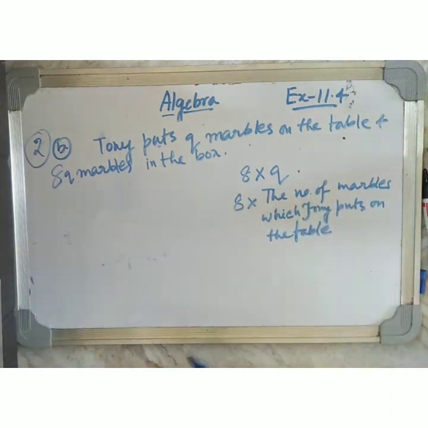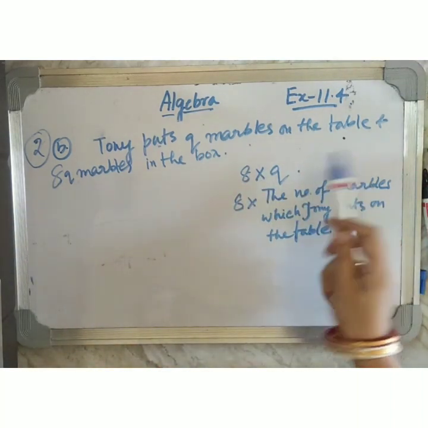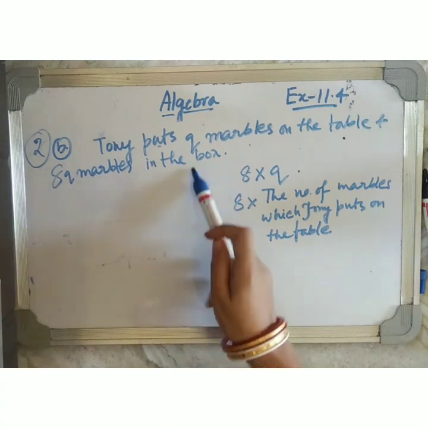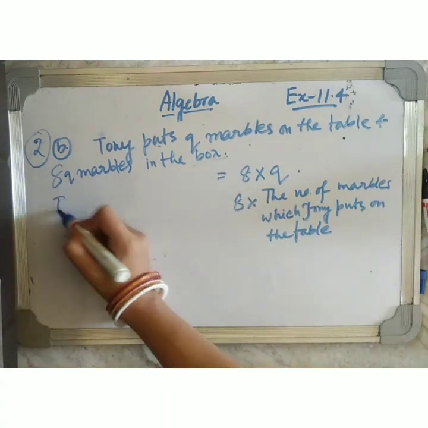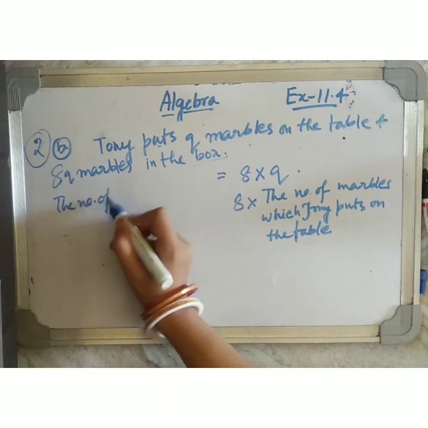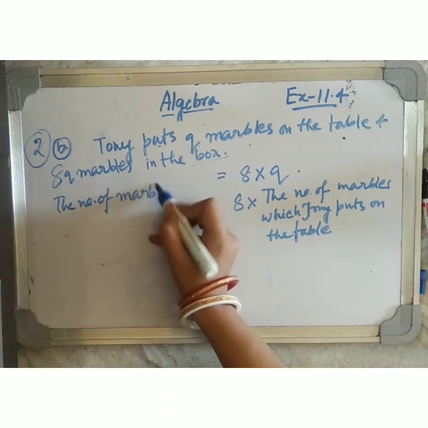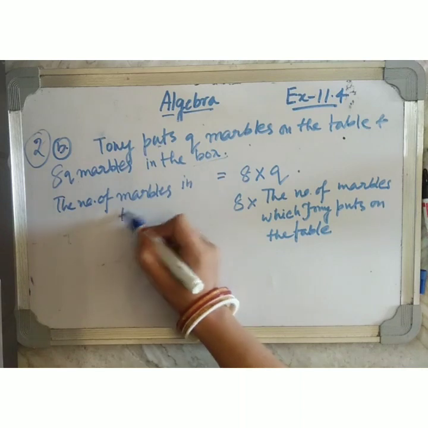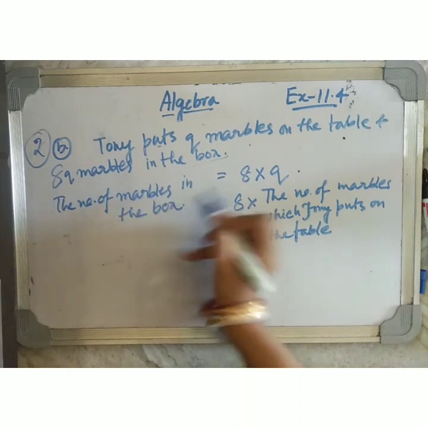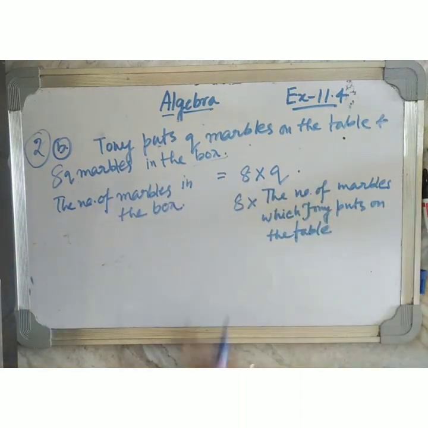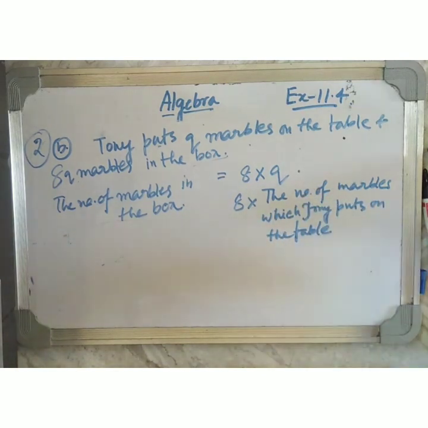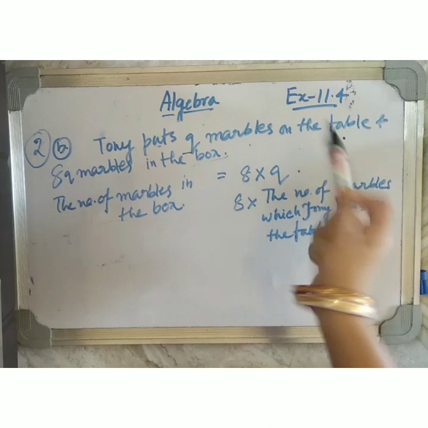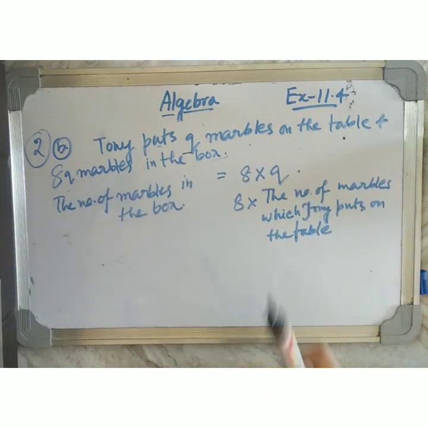Now 8 into Q was the number of marbles which was kept in the box. So here we will write the number of marbles in the box is equal to 8 into Q, means 8 into the number of marbles which Tony puts on the table, because Tony puts Q marbles on the table and 8 Q marbles in the box.